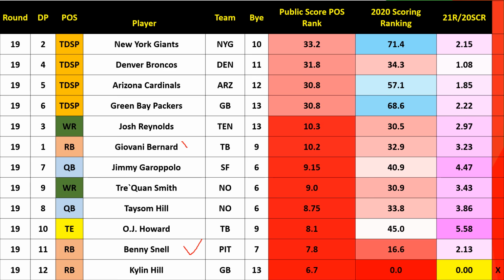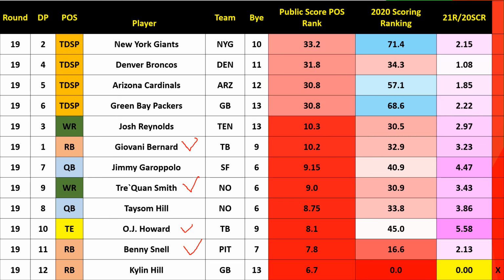Bernard's RB 6, 7 as well. Smith, I'm liking as a deep stab. Howard could be an injury handcuff to Gronk, and you would win. But remember, at this point, if you're just good at picking, you'll probably do well. But that's kind of who I'm looking at here. Don't know about Hill in Green Bay. I don't know what's going to be happening in Green Bay.